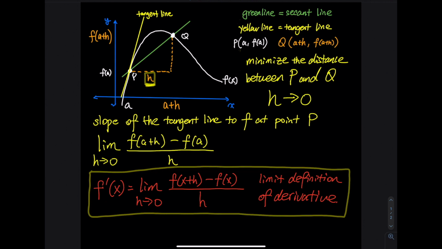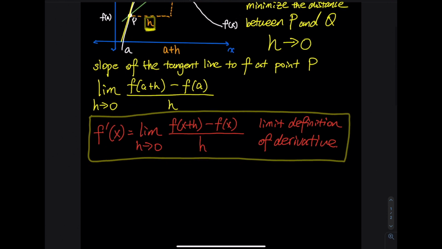Yellow is a tangent line touching the curve one time at point P. If I know the slope of the yellow line at point P, that slope is the same thing as the slope of the curve at point P. So the limit is, we have to let h go to 0 of f of A plus h minus f of A, divided by h. I don't want to use A, I want to use x. So the limit definition of the derivative in the yellow box is f prime of x.